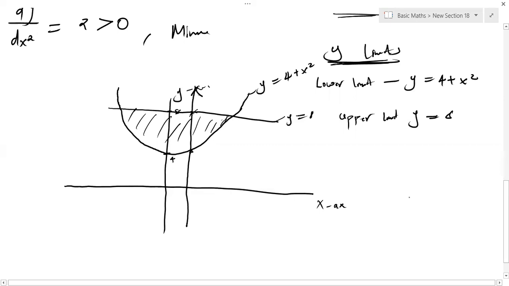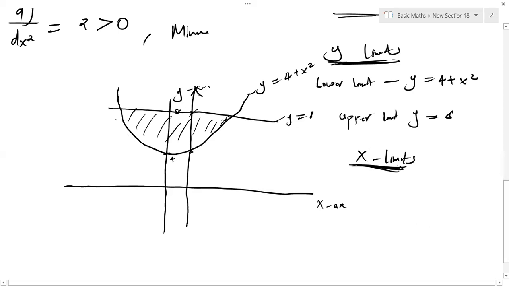Okay, now we need to find the x limits. The x limits will be found from all the values of x that will enclose all the parallel lines drawn through the region.